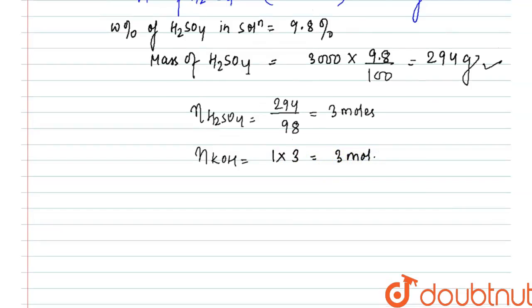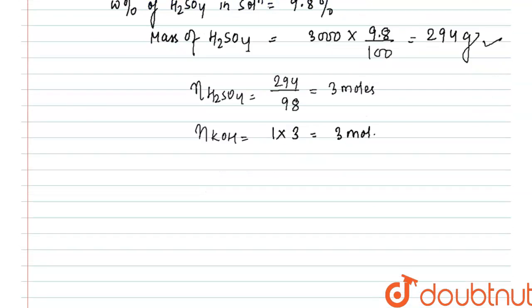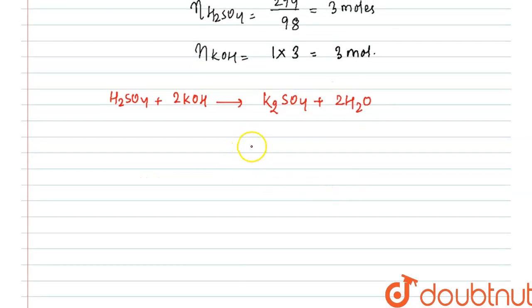Now we have already written the reaction, so let me just rewrite it once again. H2SO4 reacts with 2 moles of KOH, and we get K2SO4 plus 2 moles of water. Here 2 moles of KOH will neutralize 1 mole of H2SO4.